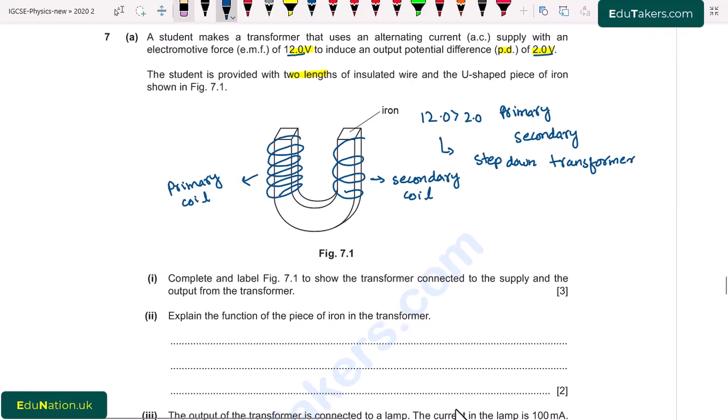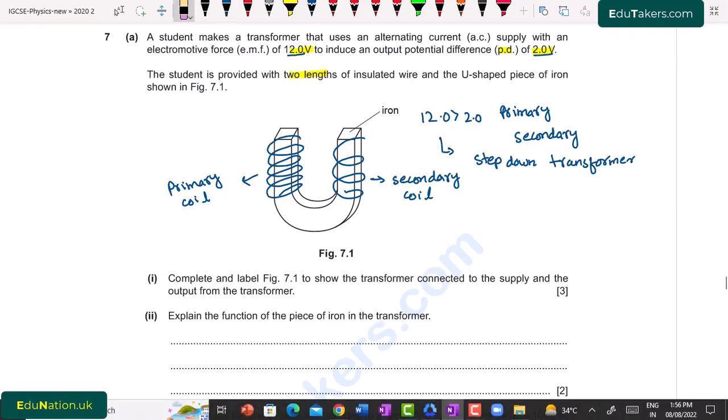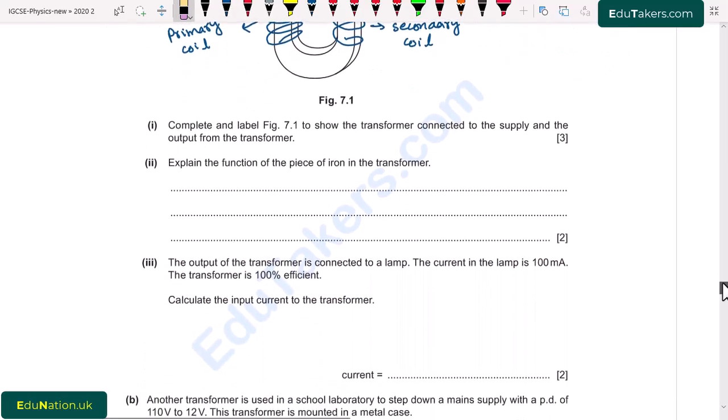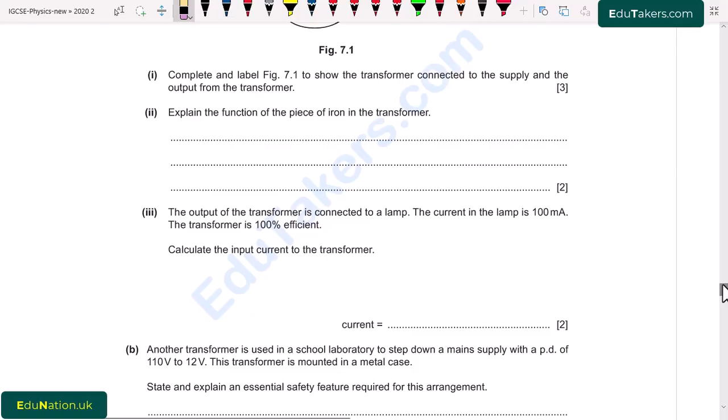Part 2. Explain the function of the piece of iron in the transformer. Here we have to describe the function of iron that is used in the transformer. You may notice that a transformer always consists of a piece of iron where coils are wound.